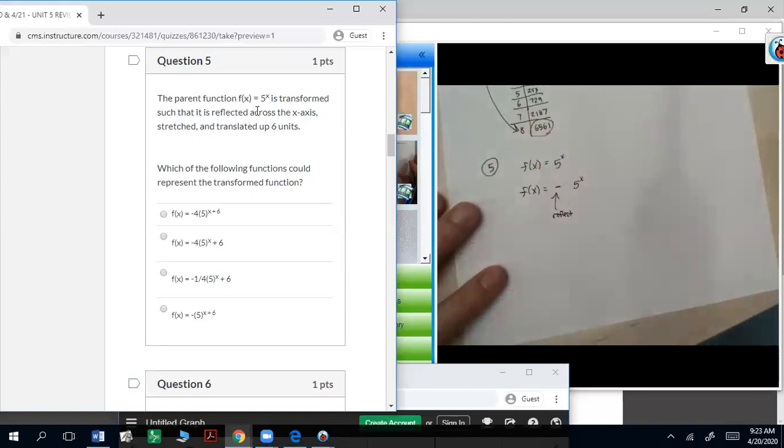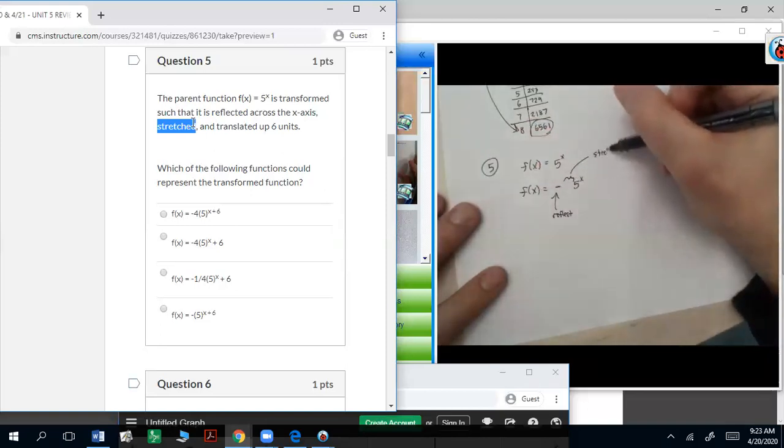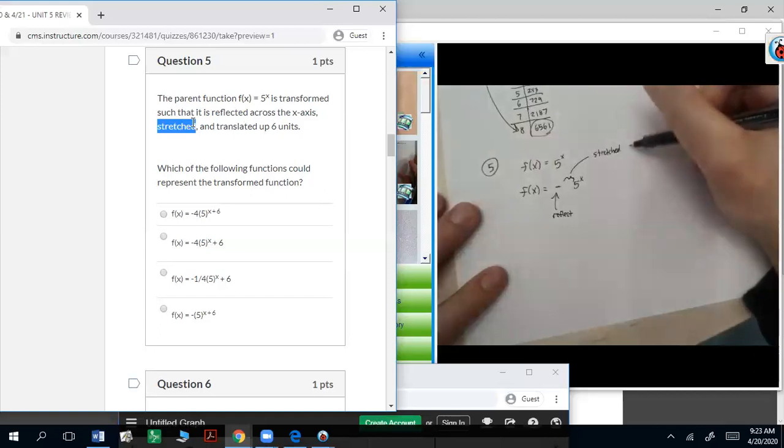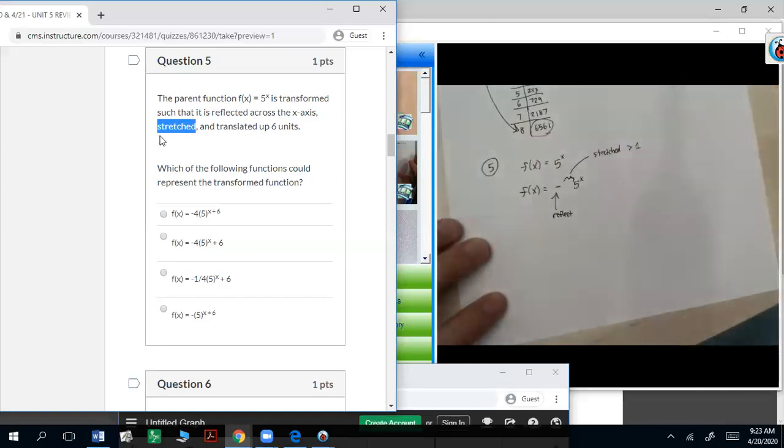And if it's going to be stretched, then we want the leading number to be greater than 1. So it could not be like 1/4, and it could not be 1. Well, it'd have to be one of these two.